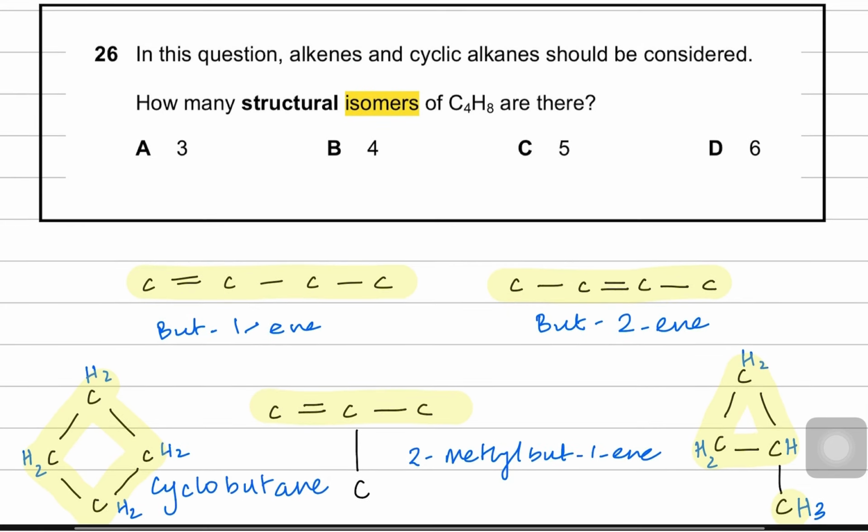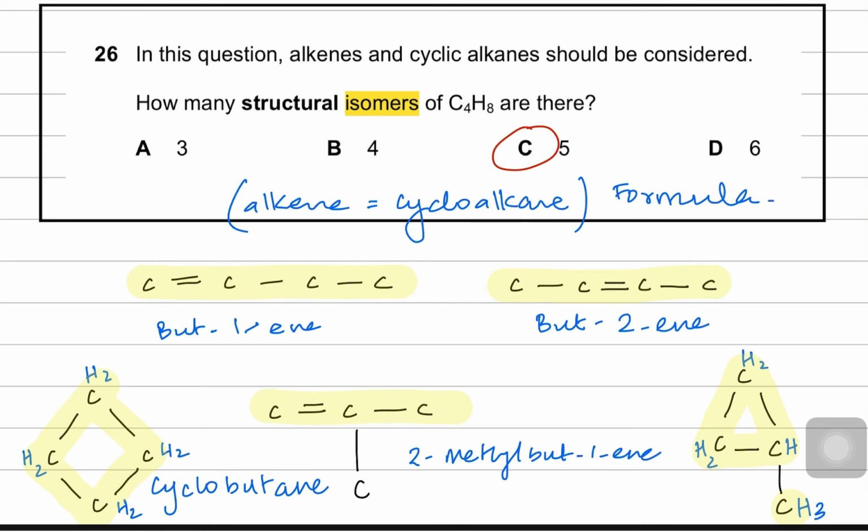So there are 5 possibilities using alkenes and cycloalkanes. By the way, one thing, alkene is equal to cycloalkane in terms of formula. 1 double bond is equal to 1 cyclic structure.